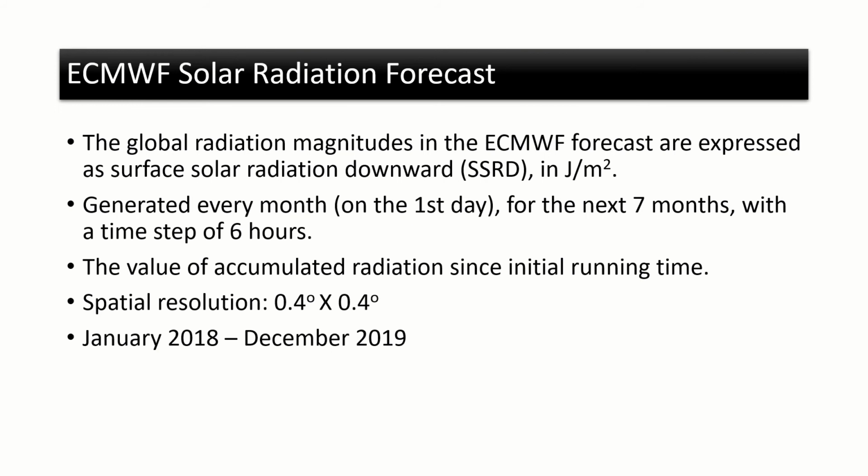So first we have to convert this value into watt hour per meter square. And then this forecast is generated on the first day of every month for the next 7 months with a time step of 6 hours. And the spatial resolution of the data is 0.4 degree.